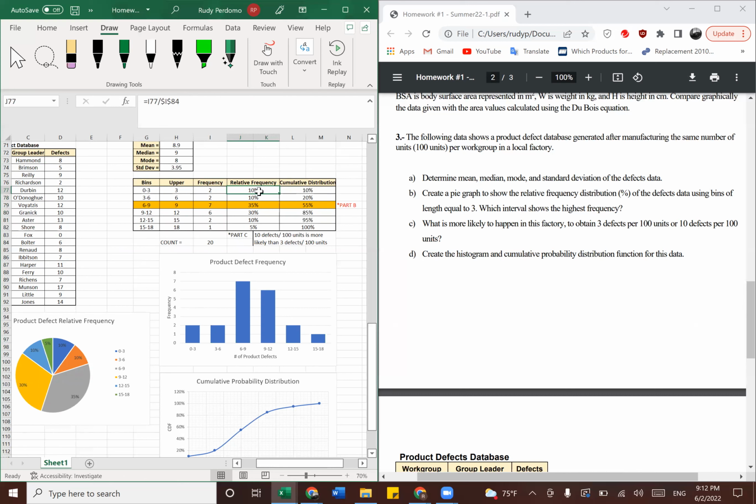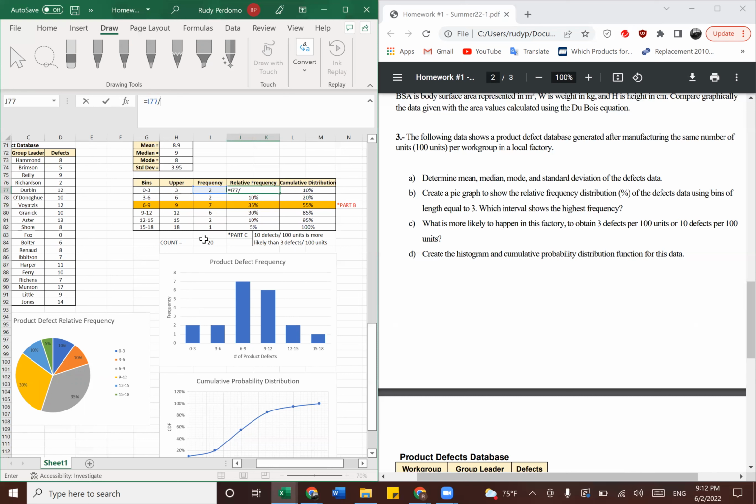So now the relative frequency, it gives you a percentage, so you click the frequency. You set it equal to the frequency, and then you divide by the total number of values.